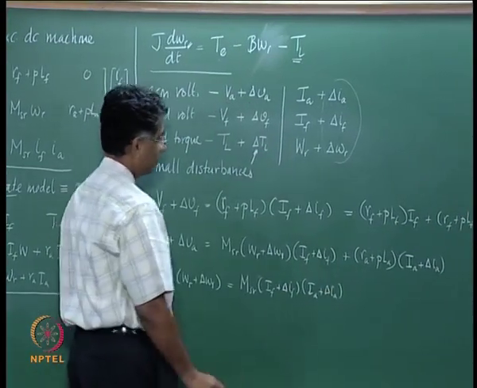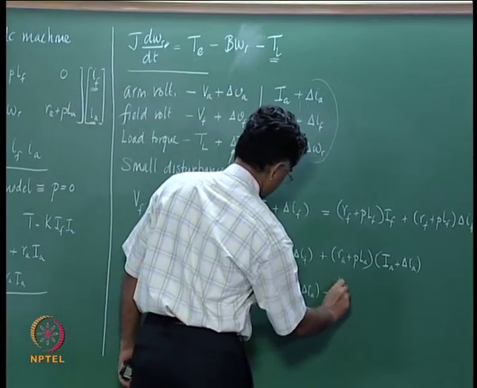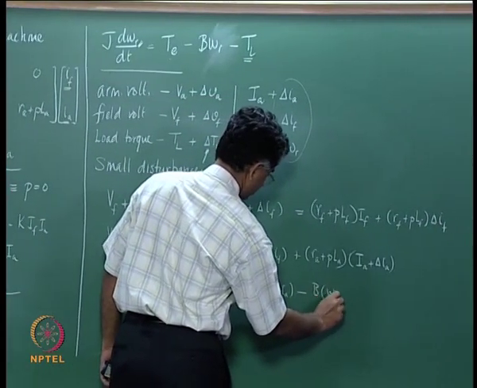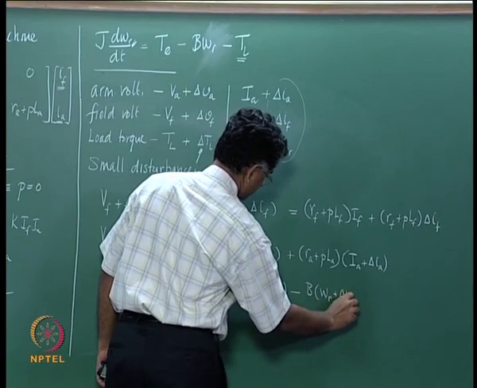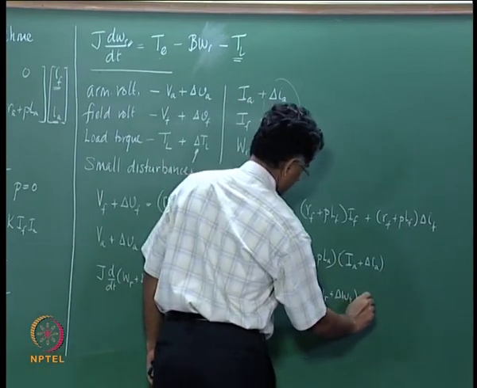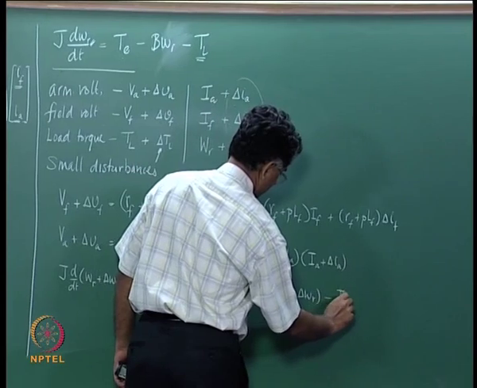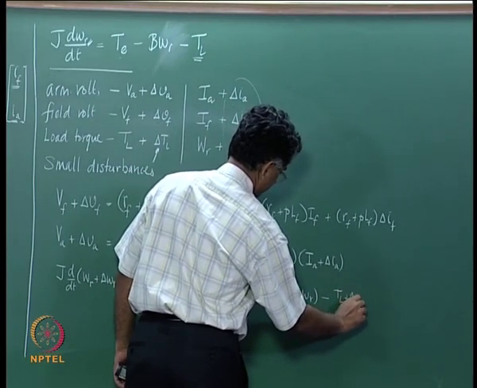This is the developed torque, minus B times omega r plus delta omega r, minus TL plus delta TL.